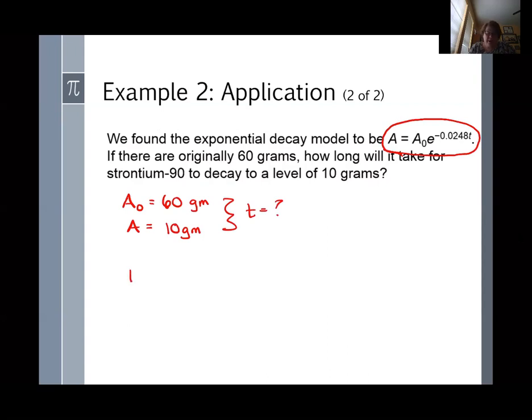So I have 10 equals 60 e to the negative 0.0248 t, and I'm solving for t. To solve an exponential equation, I have to isolate the exponential on one side of the equation. So I need to divide both sides of the equation by 60.